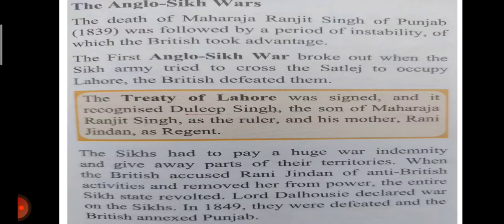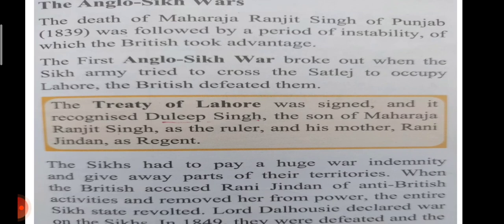Next, the Anglo-Sikh Wars. The death of Maharaja Ranjit Singh of Punjab in 1839 was followed by a period of instability of which the British took advantage. The First Anglo-Sikh War broke out when the Sikh army tried to cross the Satluj to occupy Lahore.